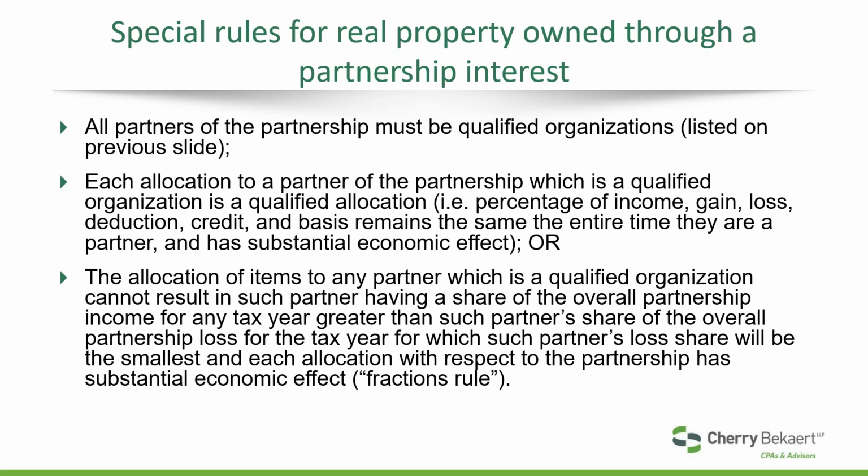So again, there's kind of a focus on not inappropriately shifting income to the tax-exempt partner and losses to the taxable partners. So that's kind of complicated, but if you found yourself in that situation, you'd want to take a close look at those rules, because before you enter into the partnership agreement, you could have some ability to make sure that the partnership agreement complies with those provisions.